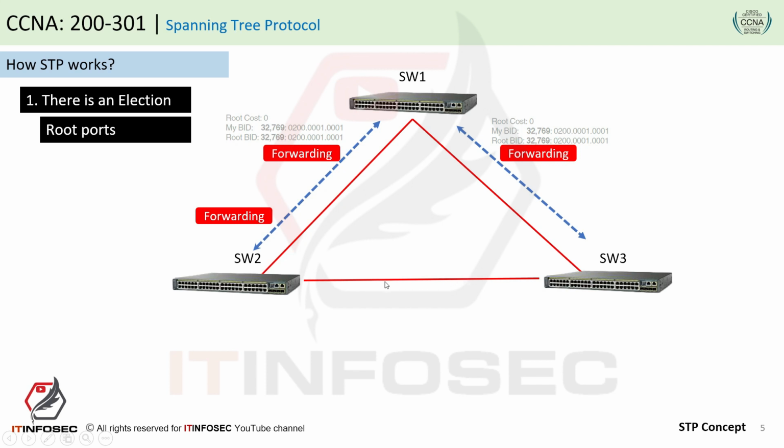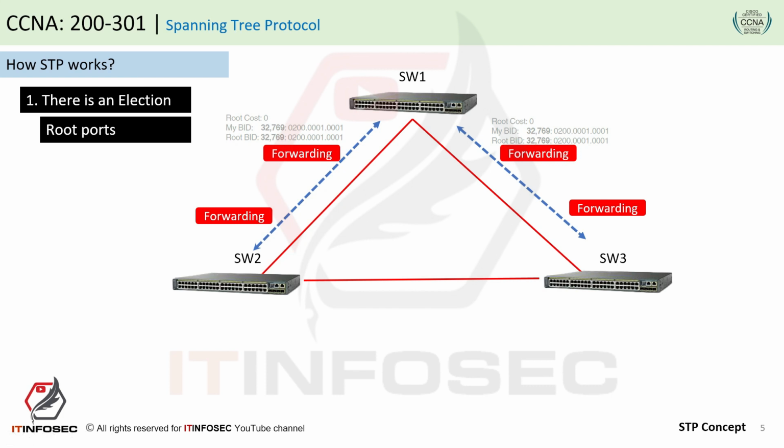Imagine this way has a cost of 19, so 19 plus 19 will be more cost than this way. So this SW2 interface has a lower cost than the other ports to reach SW1, and it will be placed in the forwarding state, as well as SW3.